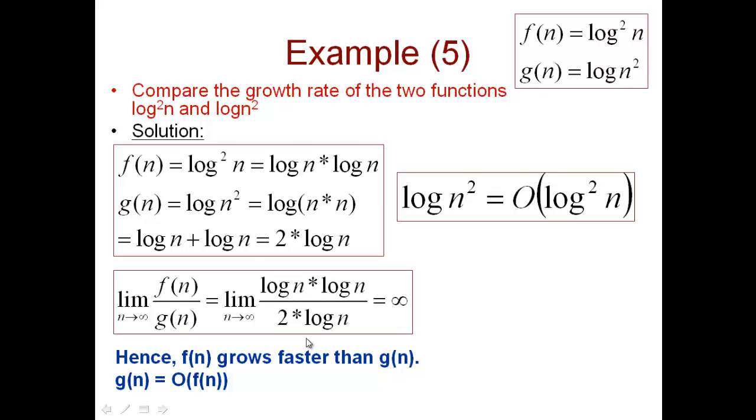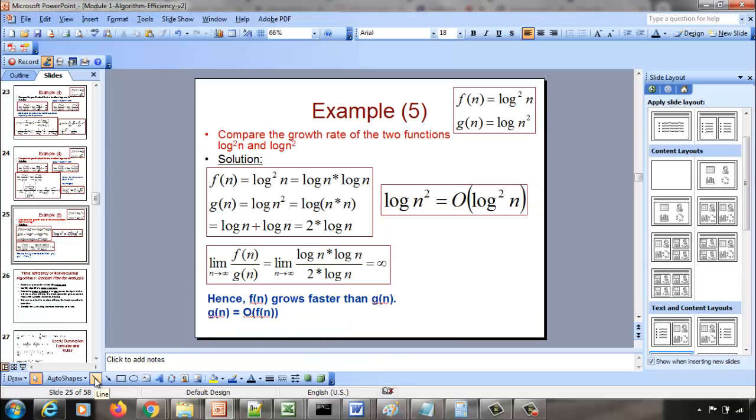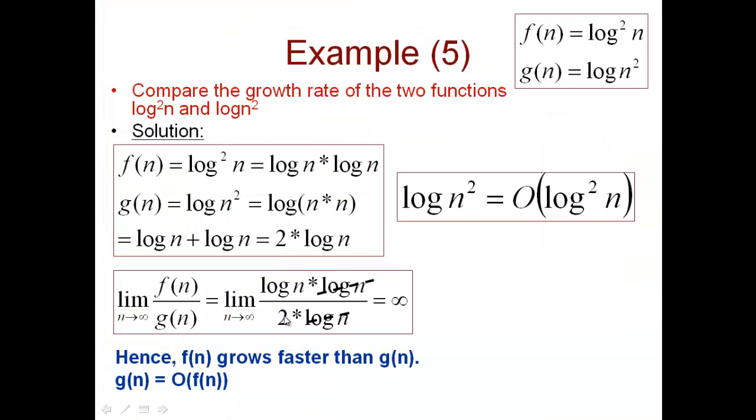We can simplify this right away here. Log n and this log n will cancel out. So that is then going to be equal to log n over 2. Now we apply n equals infinity. So 2 is a constant, but log of infinity is infinity. So infinity over 2 is infinity.